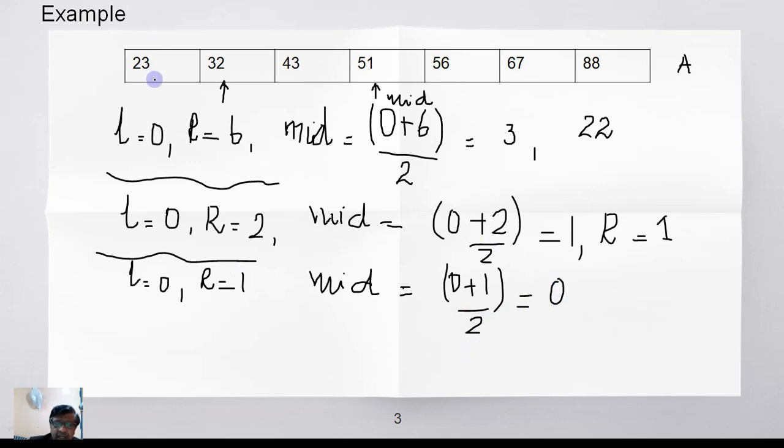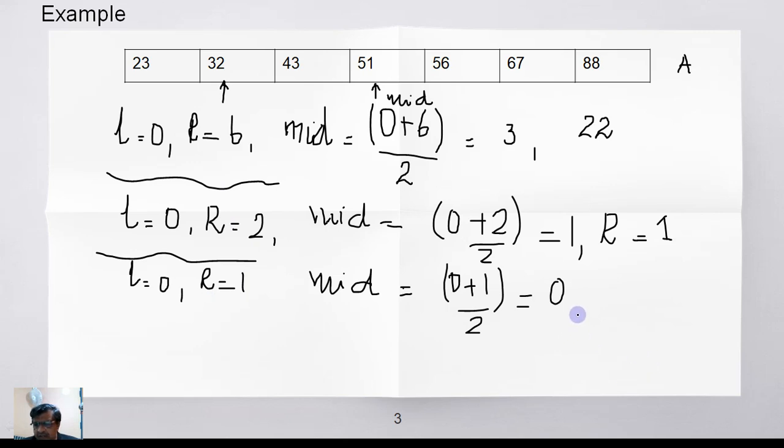Therefore L is also here and R also fell over here, so L equal to R. This may be the position where the key may be found. If at all the key happens to be occupying the very first position, this particular iteration strikes that key and it will take it out. But here in this example, this is not equal to key.